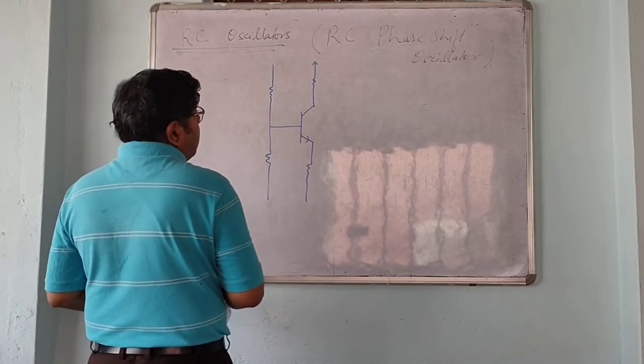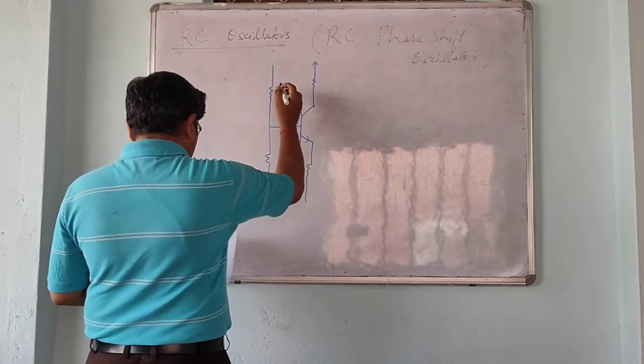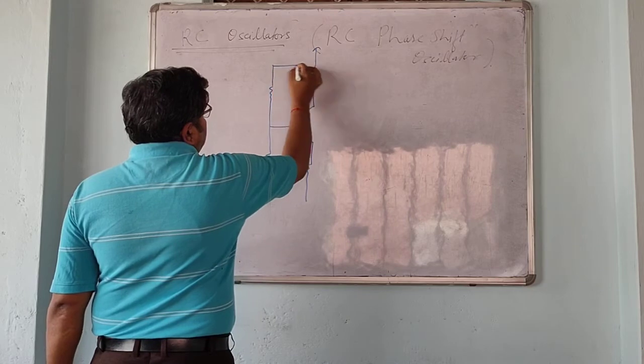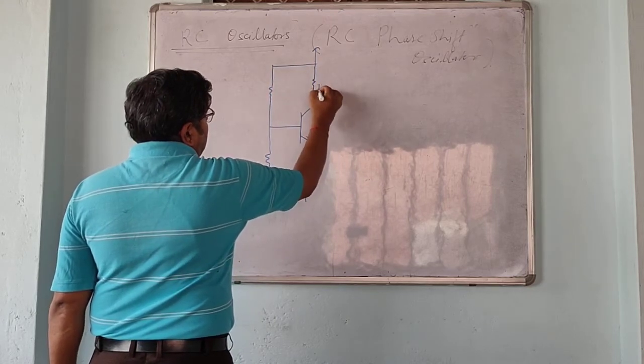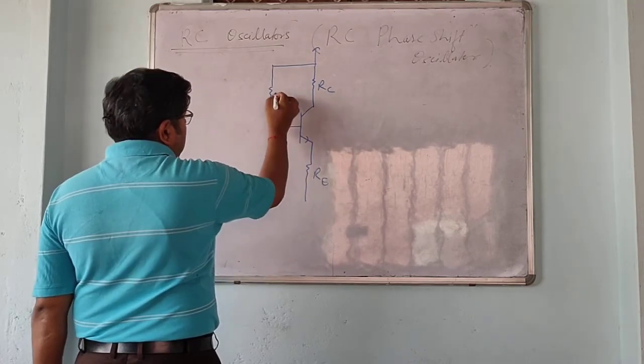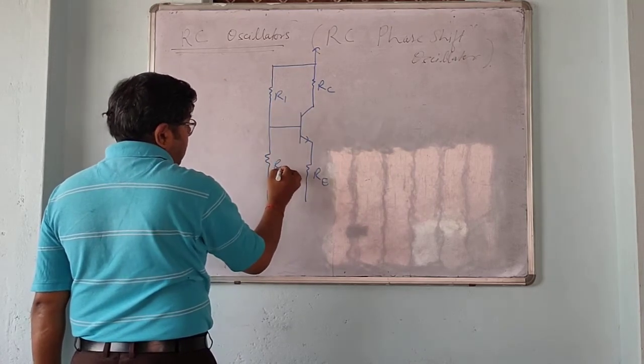Supply is there, VCC. This is RC or RE emitter resistance, and two other resistances are there.